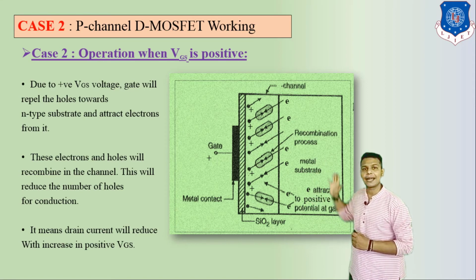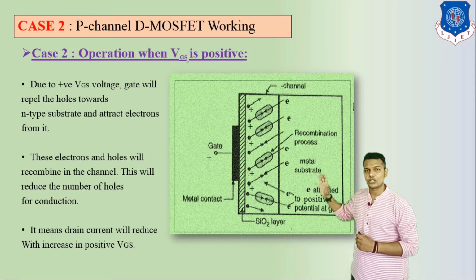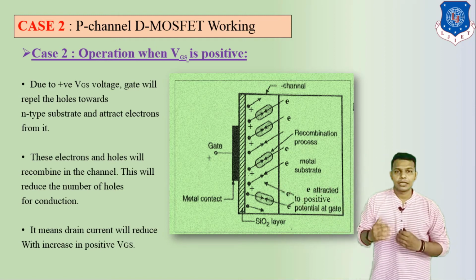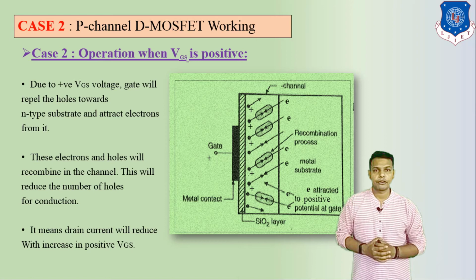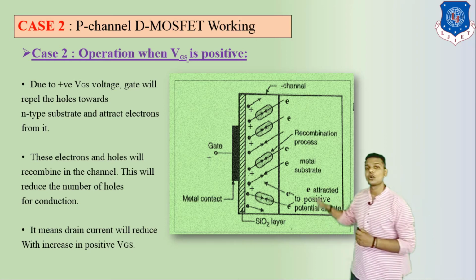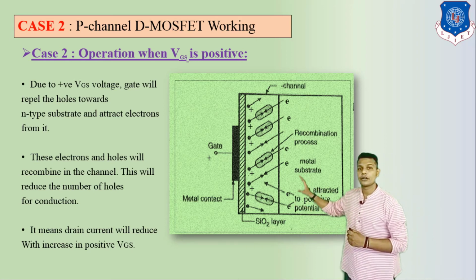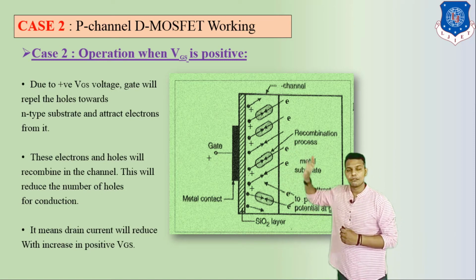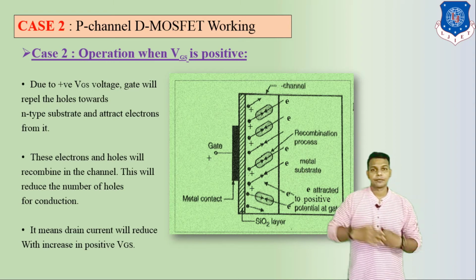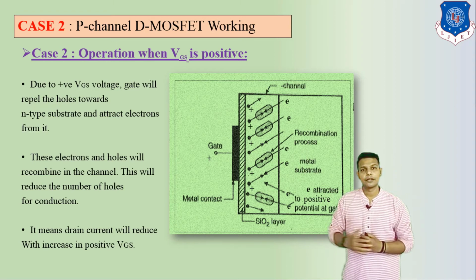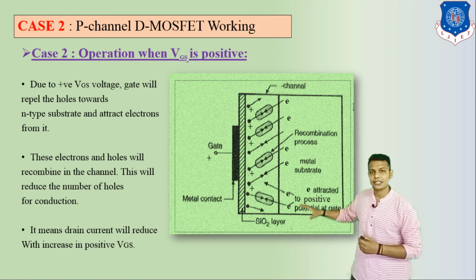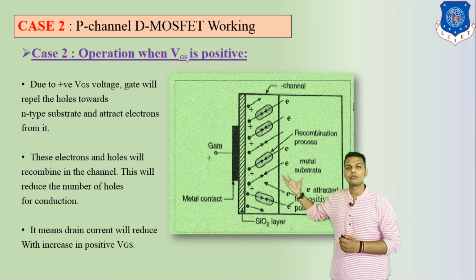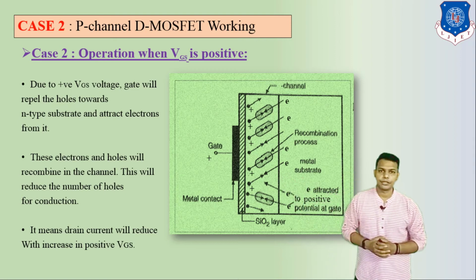In this N-type region there are a number of electrons, and due to these electrons and holes, electron hole pairs are generated. Due to this, the concentration of holes in this channel decreases, and due to this decreased concentration, the flow of holes is also reduced.